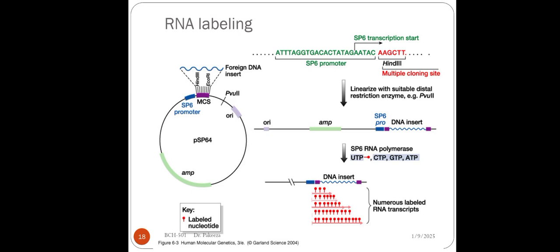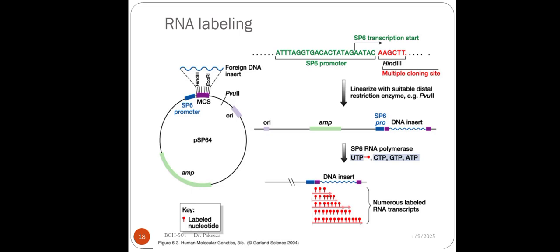Because we were discussing DNA labeling, it is also very important to discuss RNA labeling as well, because at times we are interested in labeling the messenger RNA products or their complementary sites on DNA.